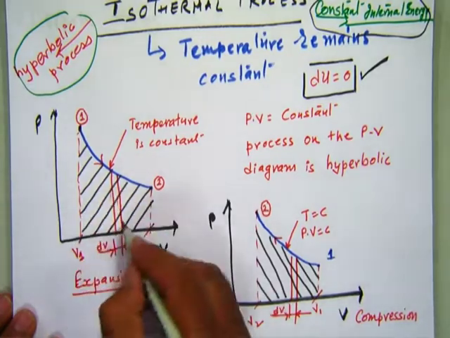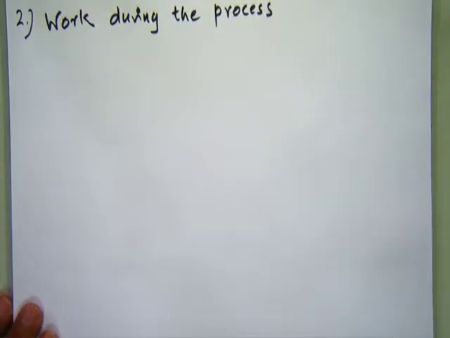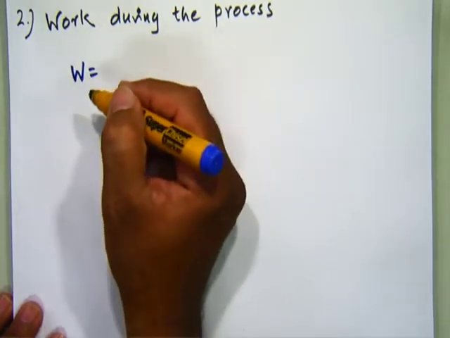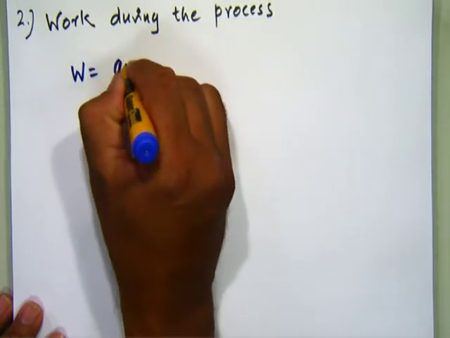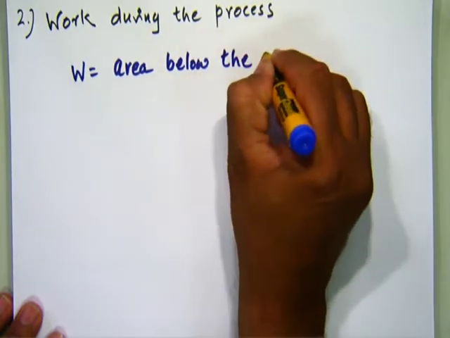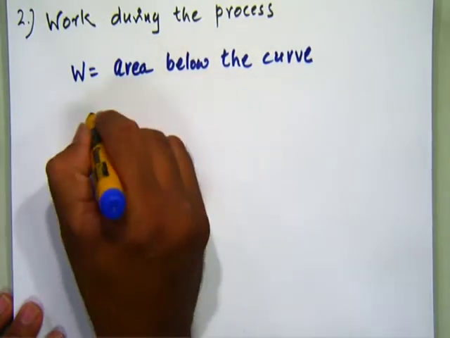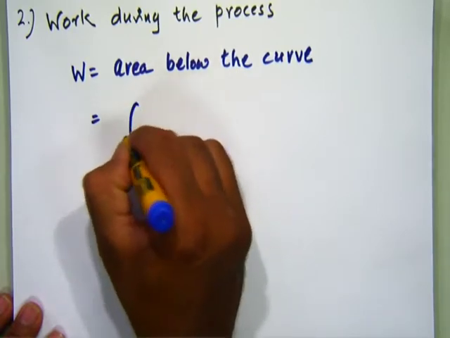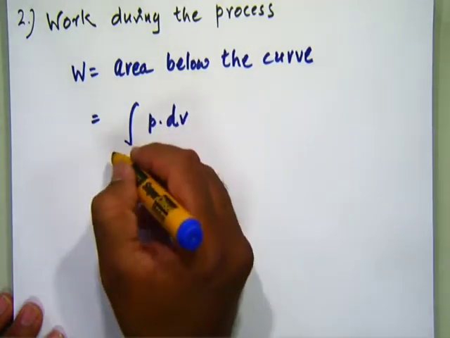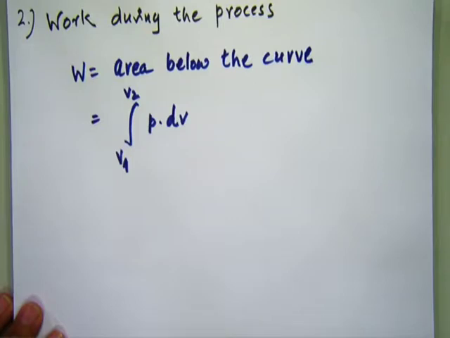So you can find out the whole work done below this area, that is work done W is equal to area below the curve, that is equal to integral P dV, and the total area is running from V1 to V2.